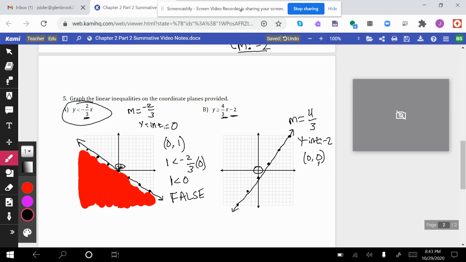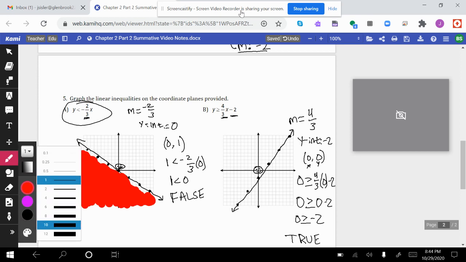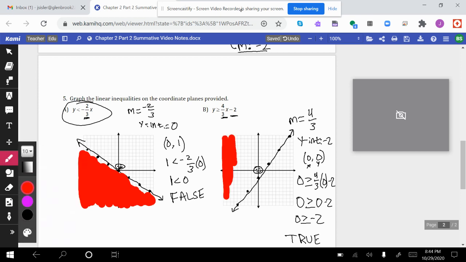So we end up with, and again, there's our x and our y, 0 is greater than or equal to 4/3 times 0 minus 2. 0 is greater than or equal to 0 minus 2. 0 is greater than or equal to negative 2. That is a true statement. So we get a smiley face, which means we are going to color in this side.